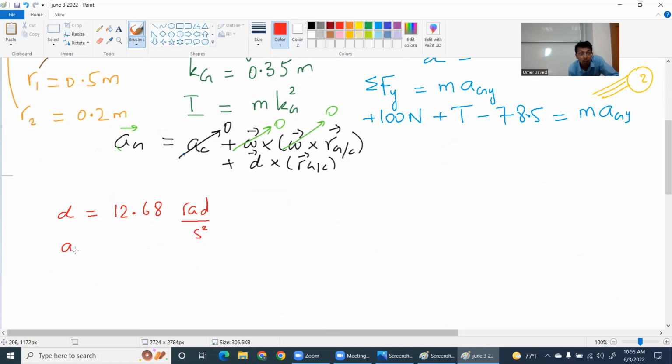And AG? 6.24. Well, the answers seem reasonable if you ask me. T is equal to 29.9, Newton. Okay, gentlemen, the answer seems correct.